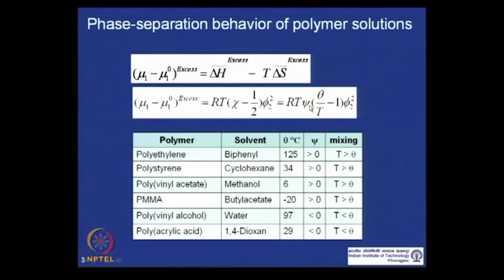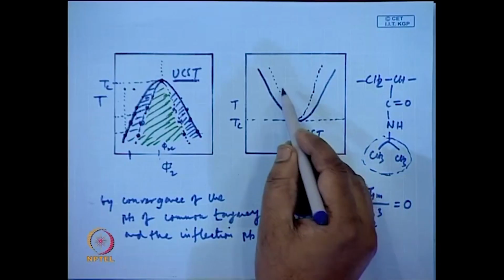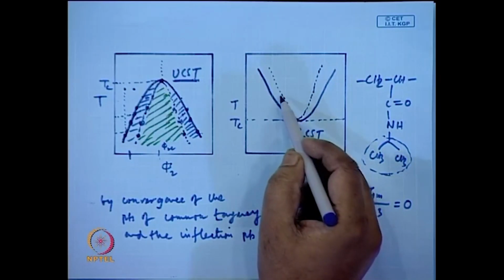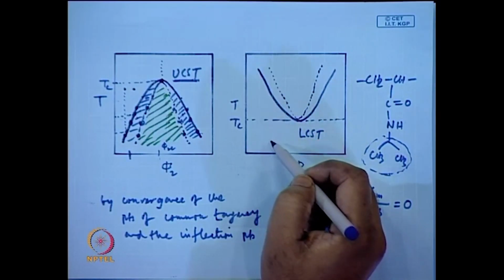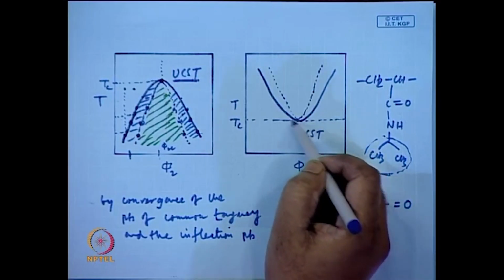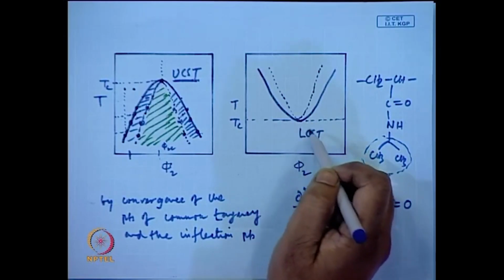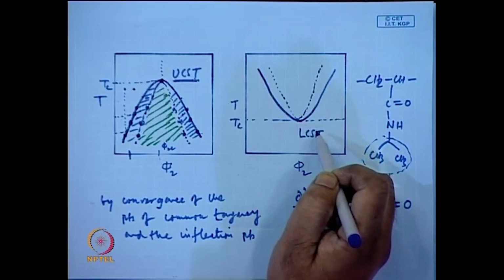So, in this case the entropic parameter is negative. So psi is negative. So what happens then, unless you have the temperature lower than theta, you will not get the solution. As you go down in temperature, you go from an insoluble system to a soluble system, and when that happens for all compositions, we call that temperature the LCST.